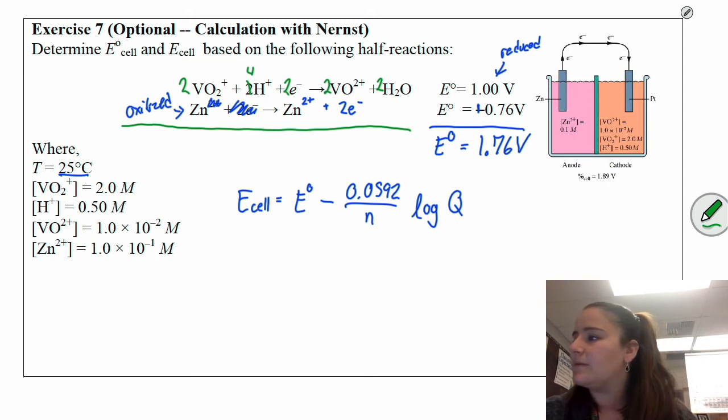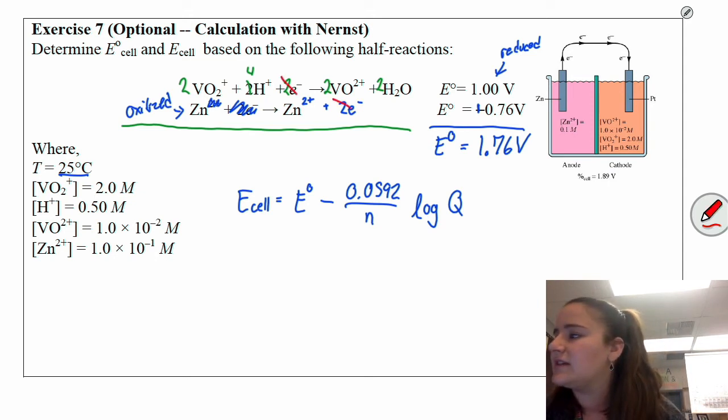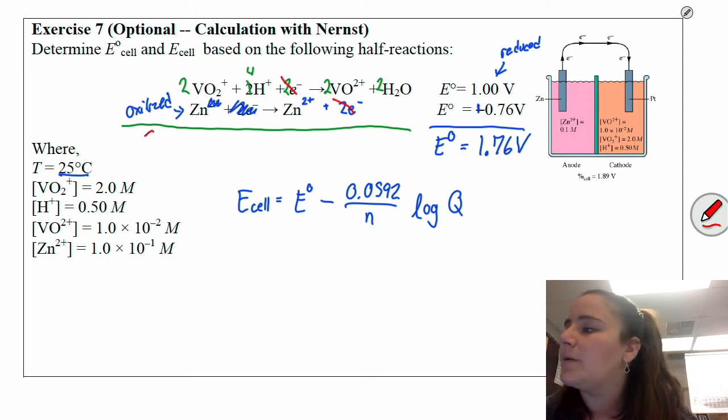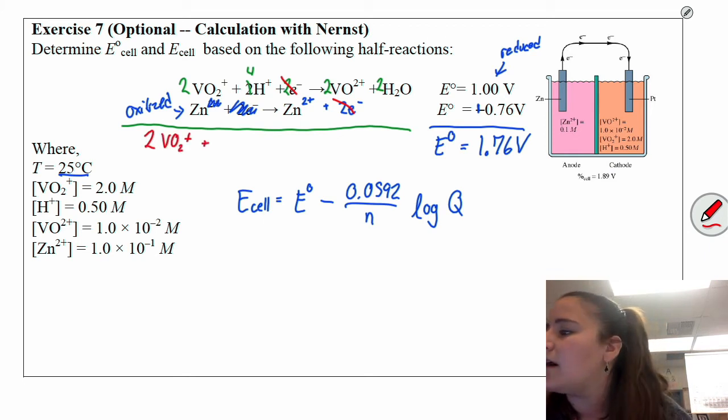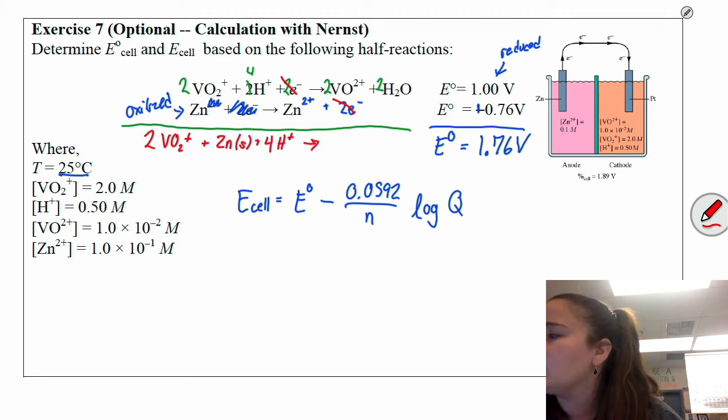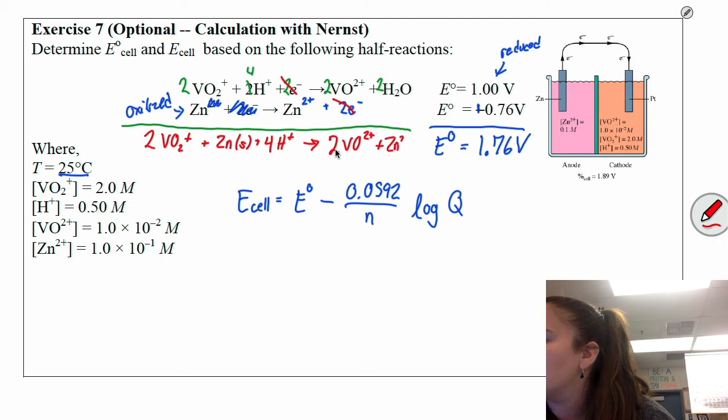Okay, so the electrons can cancel out. We have 2 VO2+ plus our zinc solid plus 4 H+ going to our 2 VO2+ plus zinc 2+ plus H2O.